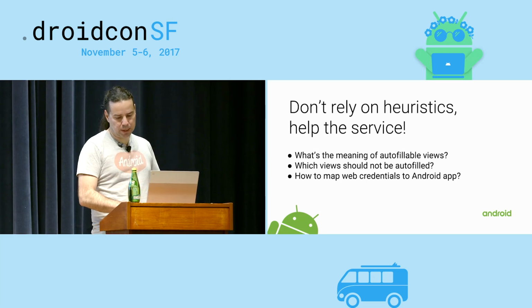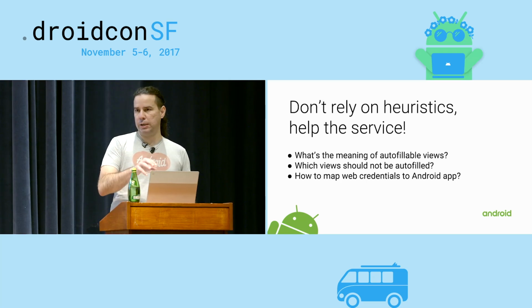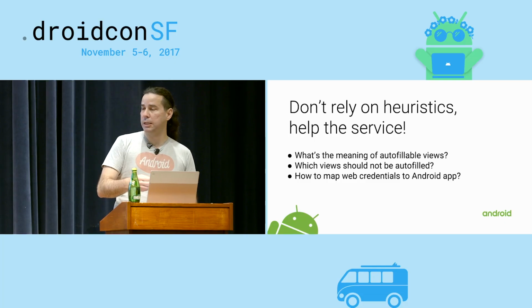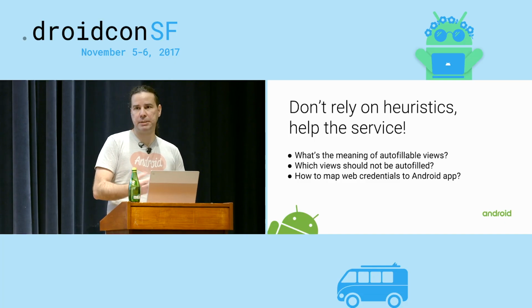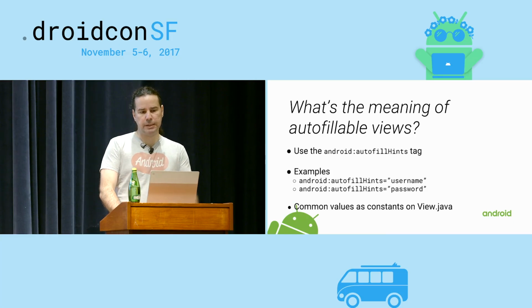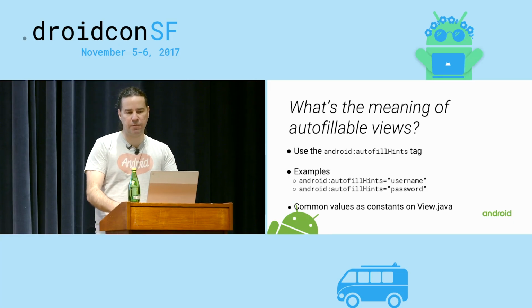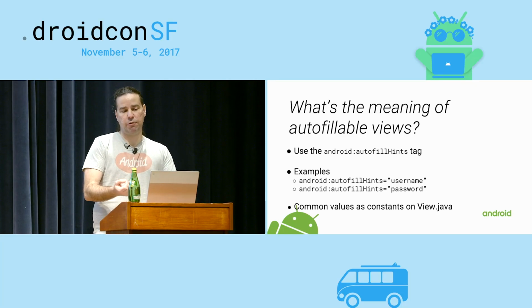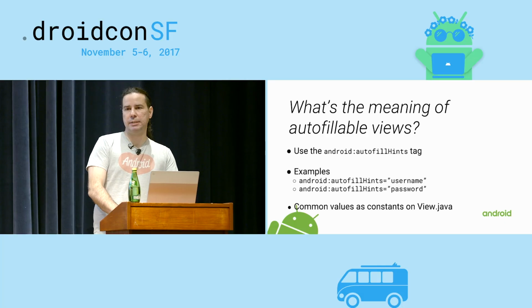So let's take a better look at how we answer these three questions, which hopefully cover most of the apps, and then we'll see some more advanced cases. For the first question, what's the meaning of autofillable views? You can answer that by tagging your layout XML view with the android:autofillHints tag.